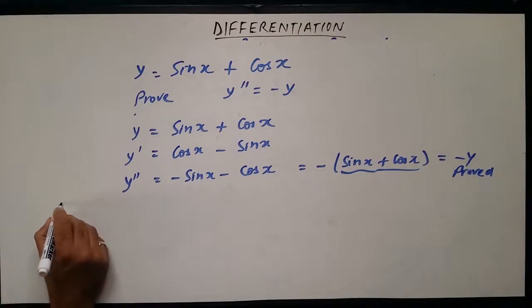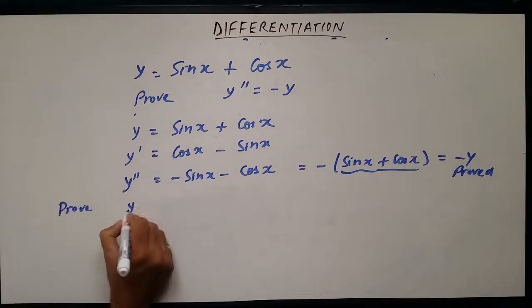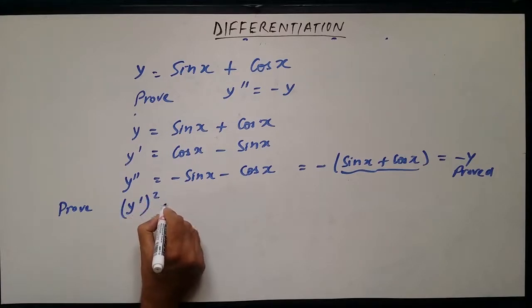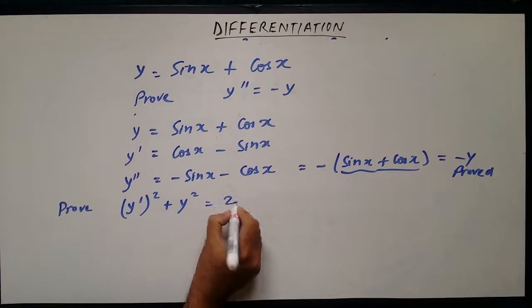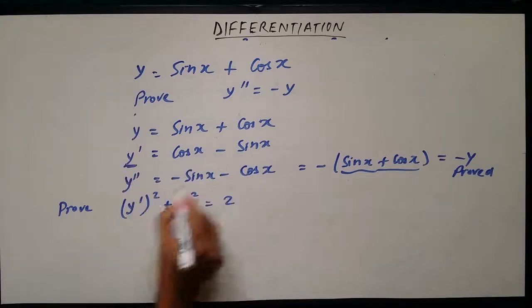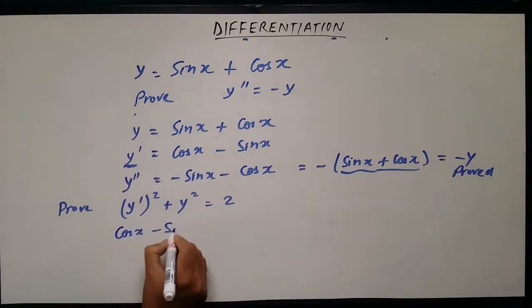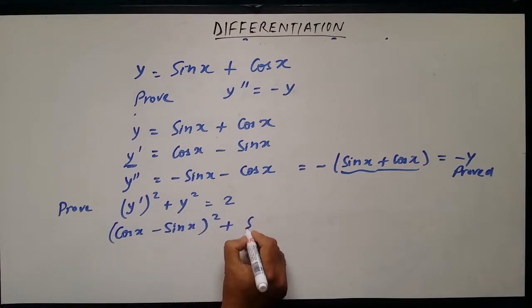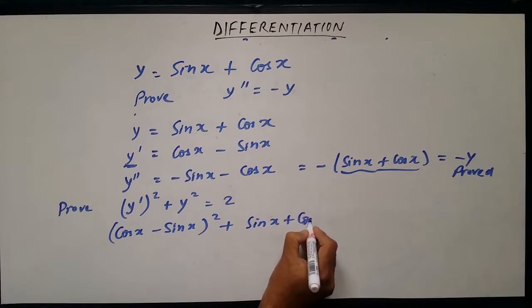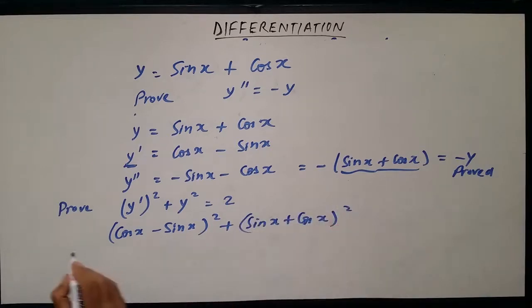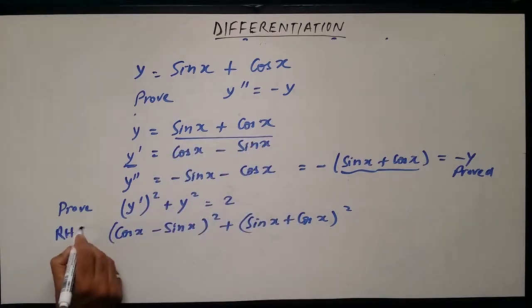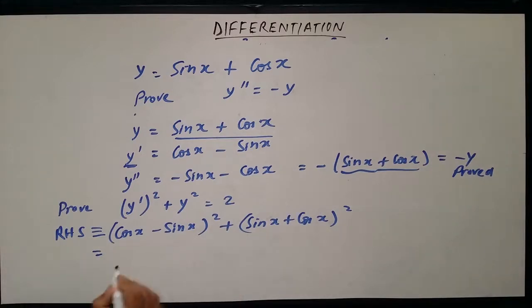Now there is another one. Prove that the first derivative of y whole squared plus y squared equals 2. This is quite simple. We know that the first derivative is cosine of x minus sine of x, whole squared, and y is sine of x plus cosine of x, whole squared. So let's expand the expression.